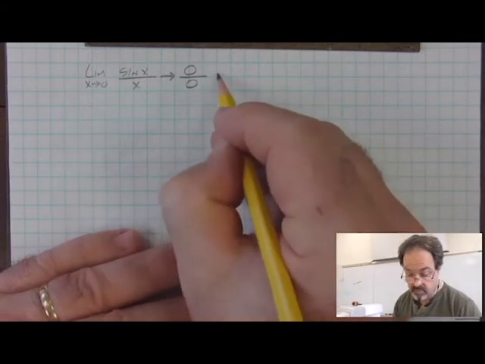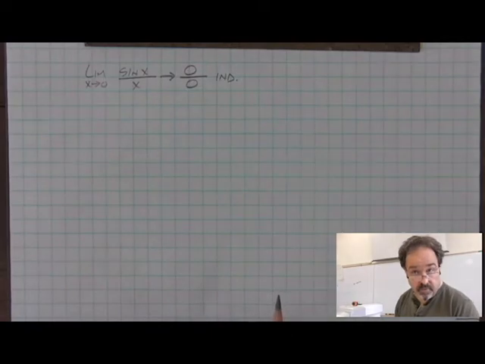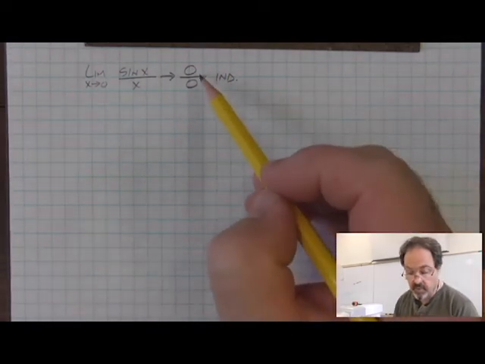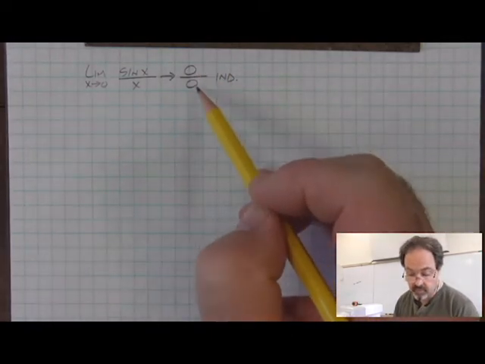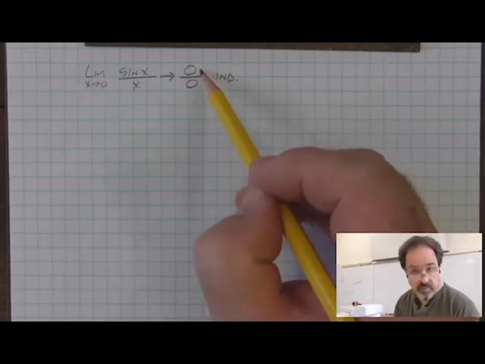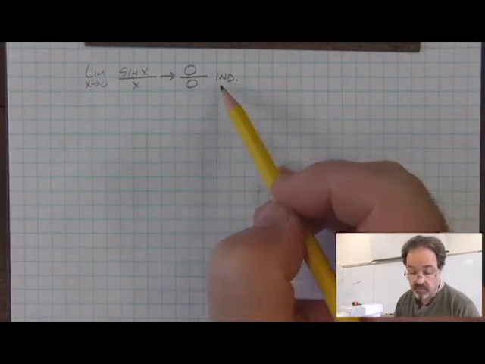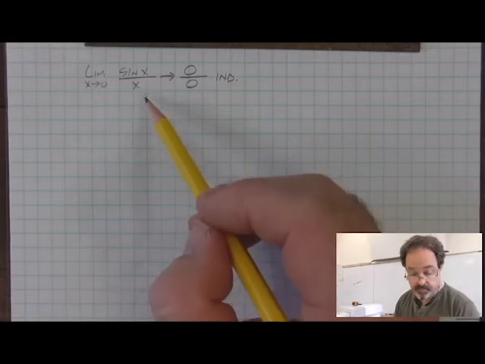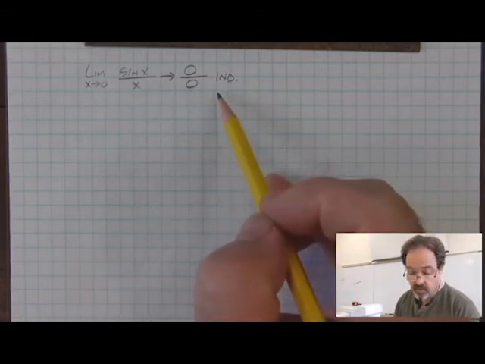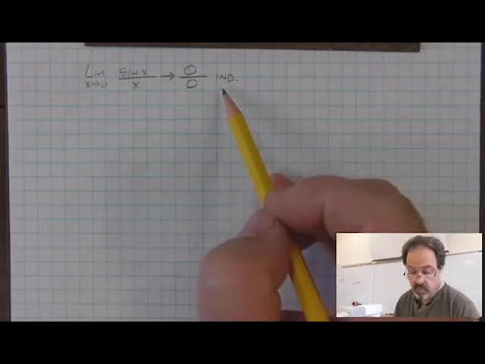And previously, we learned to call this indeterminate, IND for short, because we're not sure whether the limit is something over itself and therefore 1, or 0 because the numerator is 0, or undefined because the denominator is 0. Can't be determined. We need another way to justify taking this limit. In the past, we used justifications of looking at the graph, which is informal.